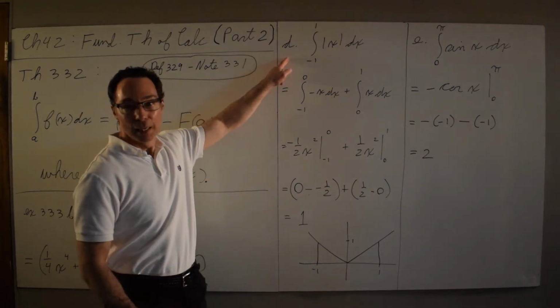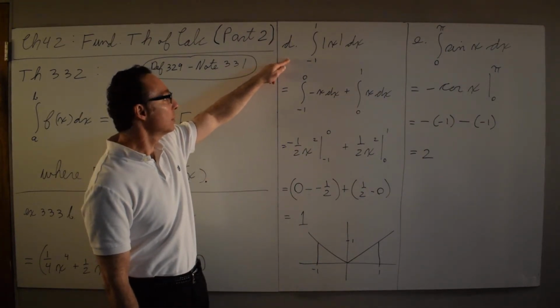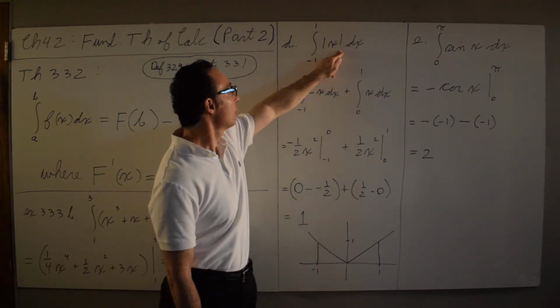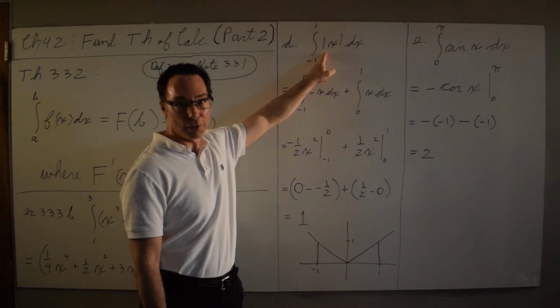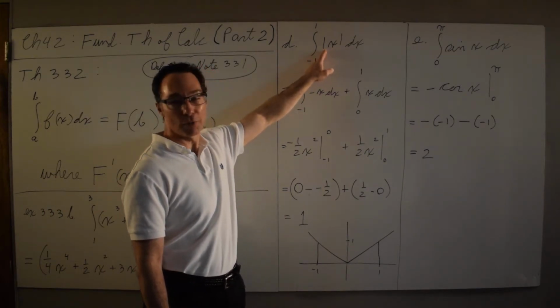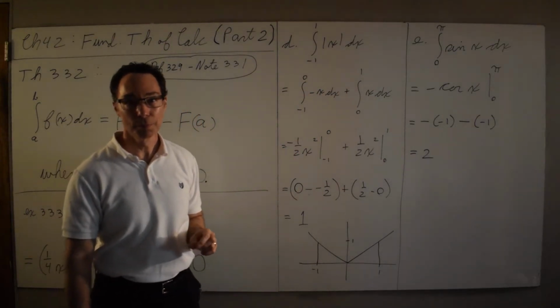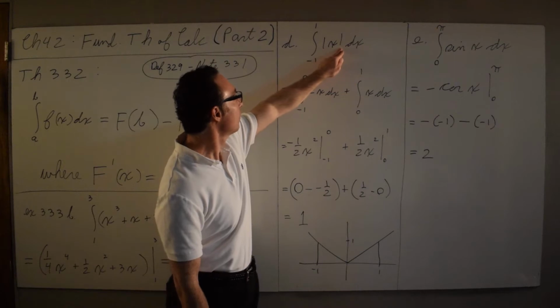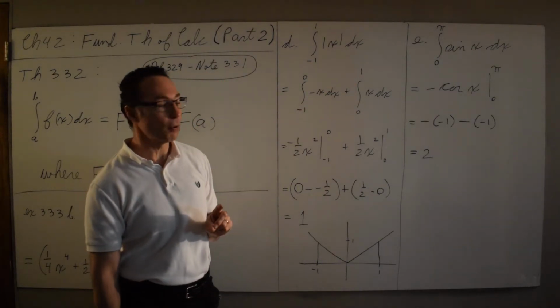Part D can be done in a couple of different ways. The thing about the absolute value function is we've never looked at a function whose derivative is the absolute value function. So we haven't ever found an antiderivative of absolute value of x. What we're going to do is take advantage of the fact that the absolute value function is actually a piecewise defined function.